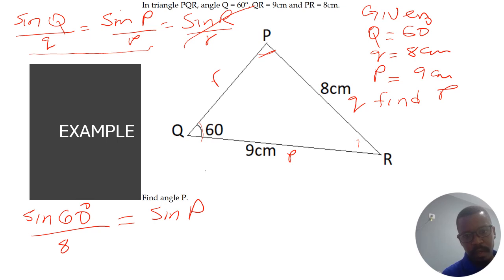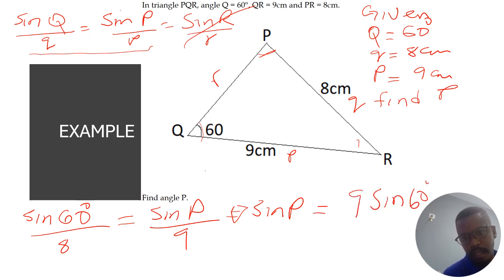P we don't know, this is the one that we want to find, over 9, which is small p. Here it's also a matter of making sine p the subject of the formula. So sine p will be equal to 9 sine 60 degrees over 8.